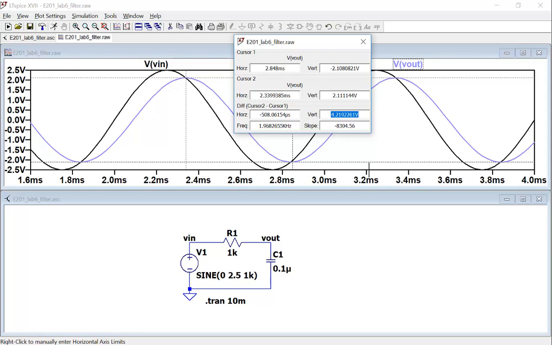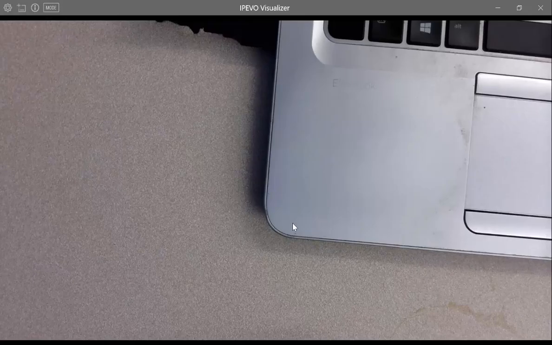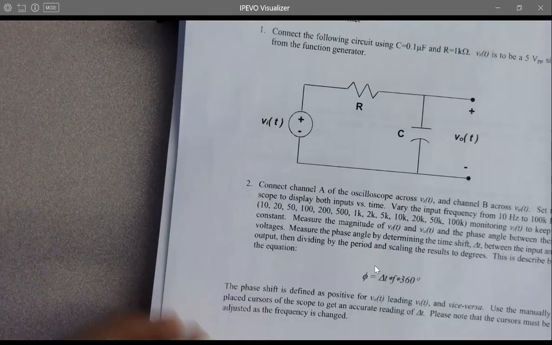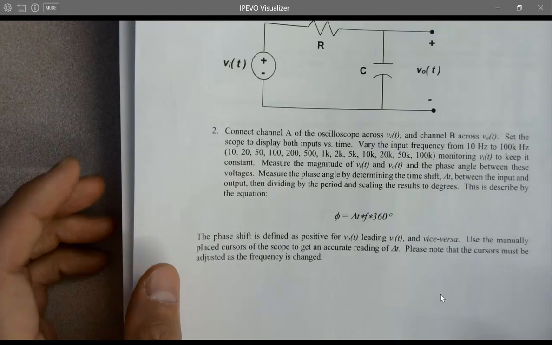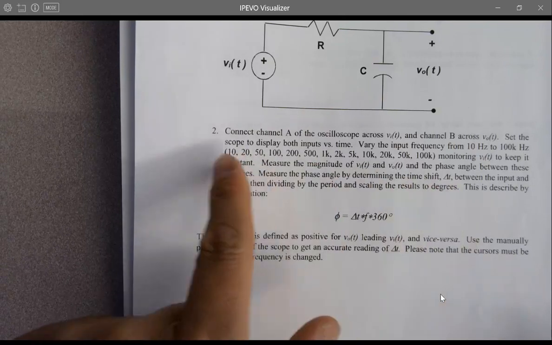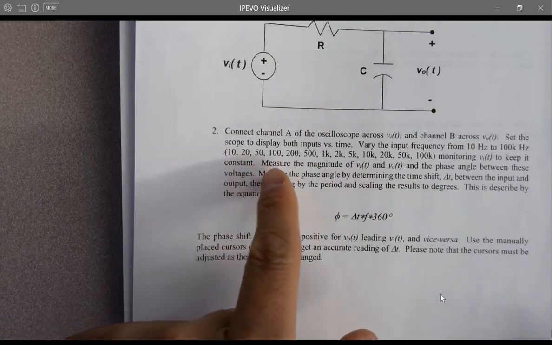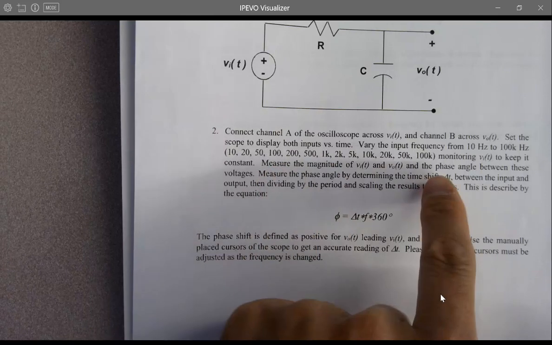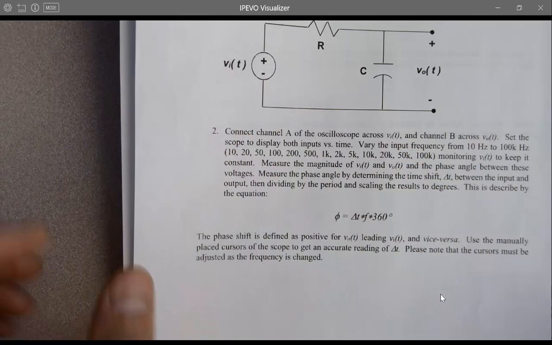So you measure it and open up the Excel sheet and put it in for a certain frequency, right? Because if you look at the lab menu, it's asking you to measure the output voltage at all the different frequencies, 10 hertz, 20 hertz, 5 hertz, for all of them, and plot it, okay?